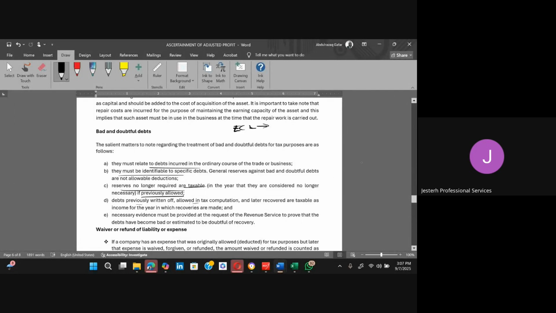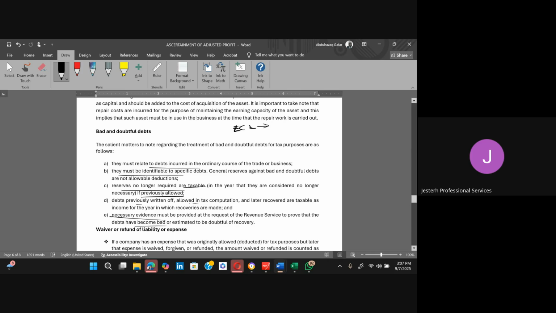So if you have written off some debts in past years, and you are now able to recover them, such amount that you recovered will be taxed. Then necessary evidence must be provided at the request of the revenue service to prove that the debts have become bad or estimated.